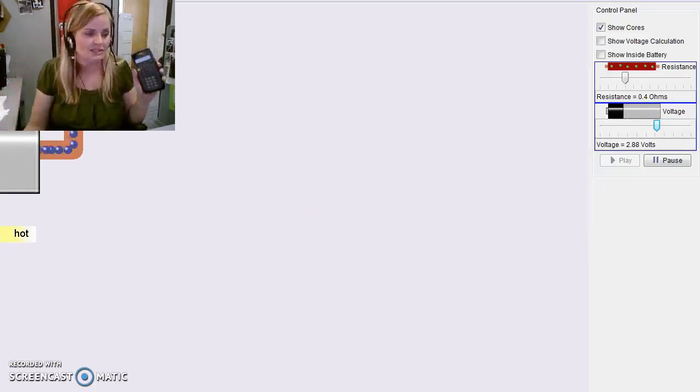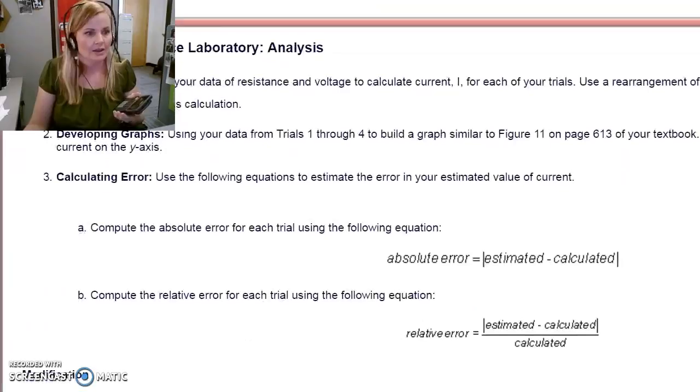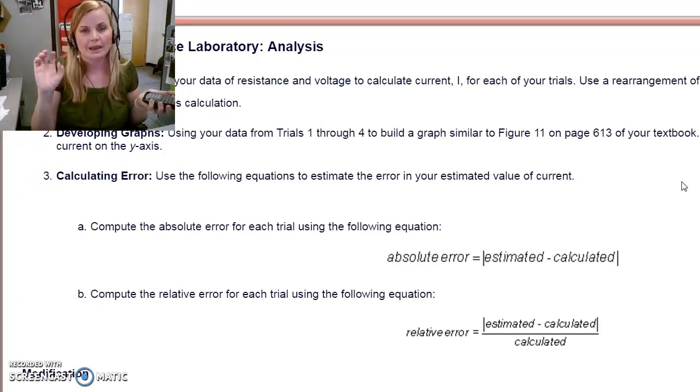I mean, maybe if I had measured or estimated 7, you could really give me a standing ovation, but I don't think that's terrible. So now let's calculate the absolute, or the relative error, okay? Well, there's the absolute error, which tells me how many amps I'm off, and I'm off about 0.8 amps, right?